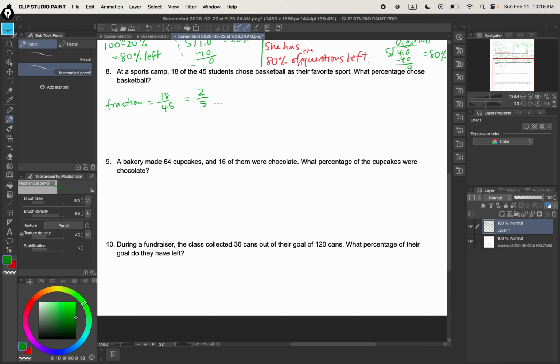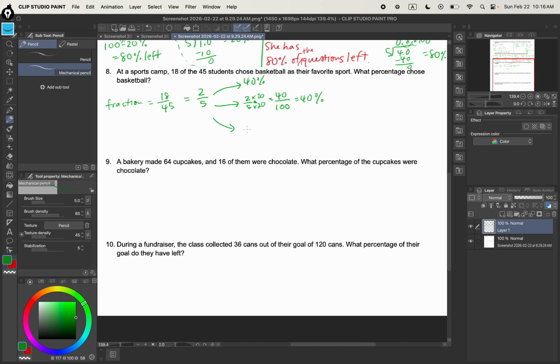Okay. And then I have 3 options. One is, I know that's 40%. One of them is, you can turn this into an equivalent fraction out of 100. And so I know that's going to be times 20. My pen is malfunctioning. Okay, so that's going to be 40 out of 100, and that's how I know that's 40%, okay?